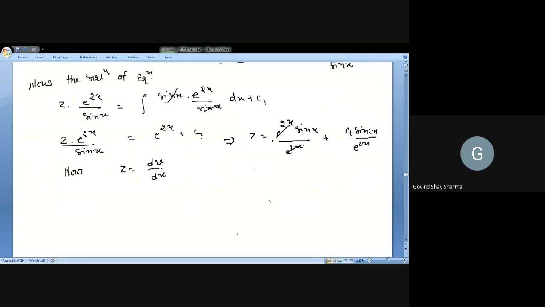This cancels, z becomes sin x plus c1 sin x e to power minus 2x. So the equation becomes dv upon dx is sin x plus c1 sin x e to power minus 2x.